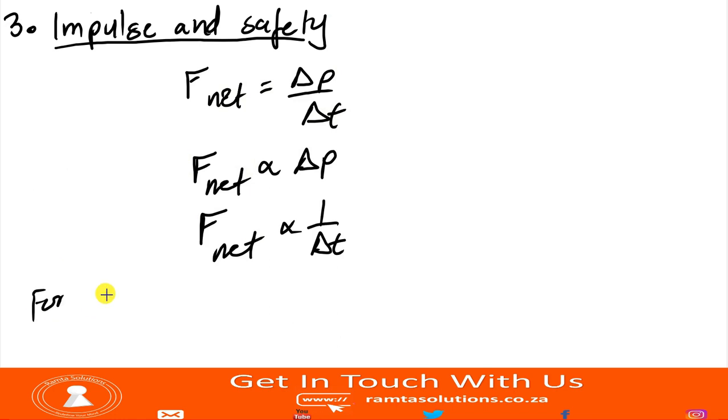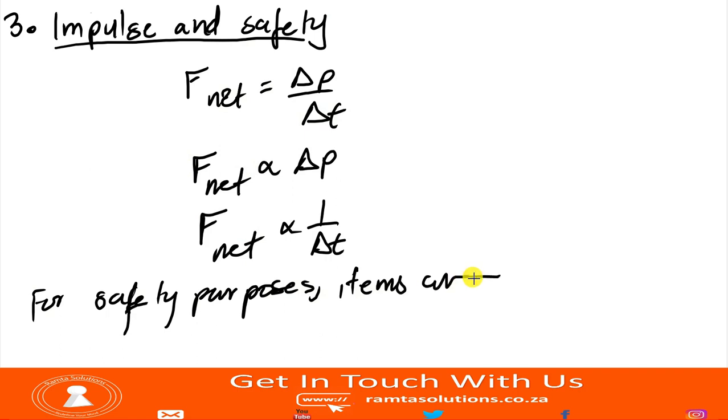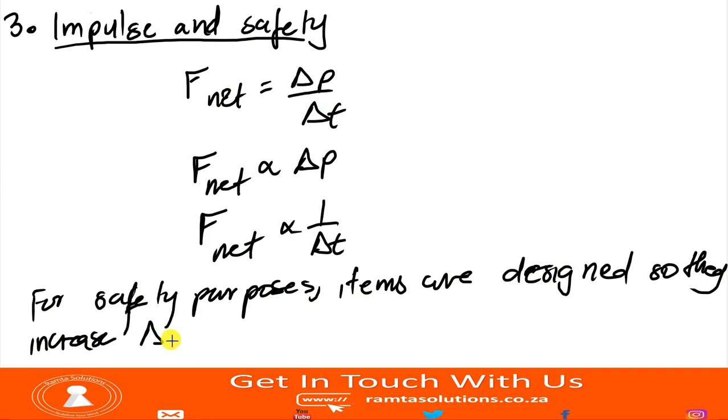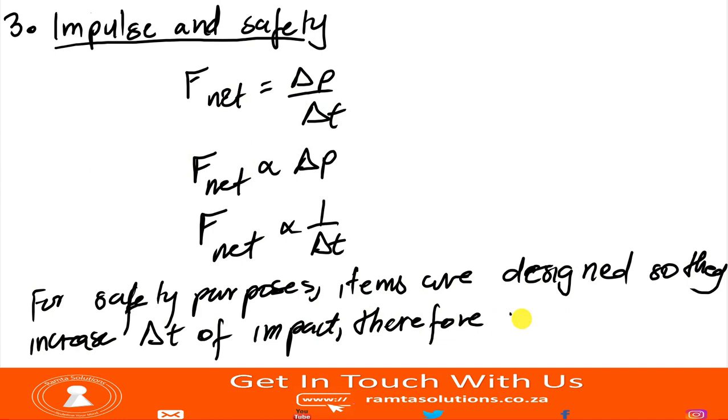For safety purposes, items are designed so they increase delta T of impact, therefore reducing F net.